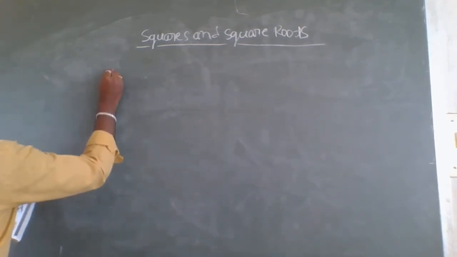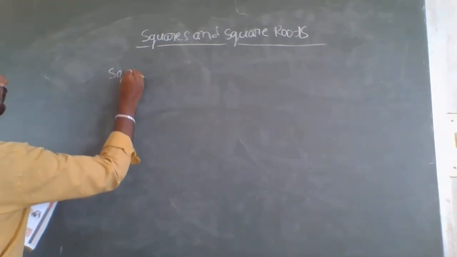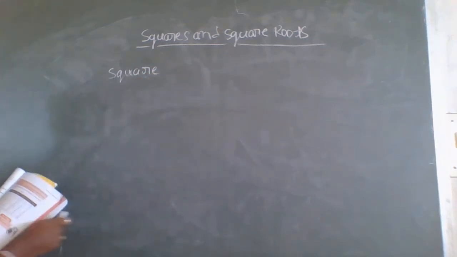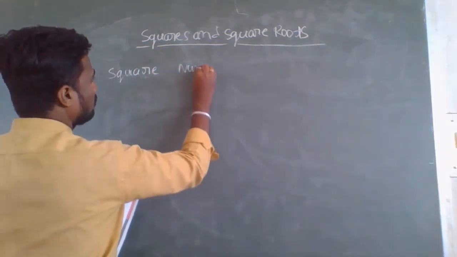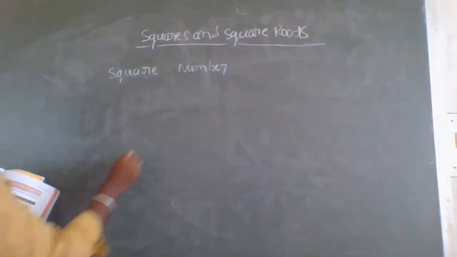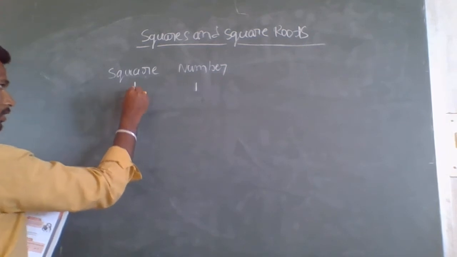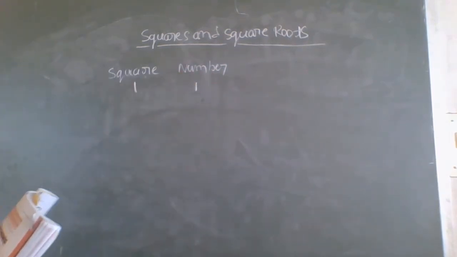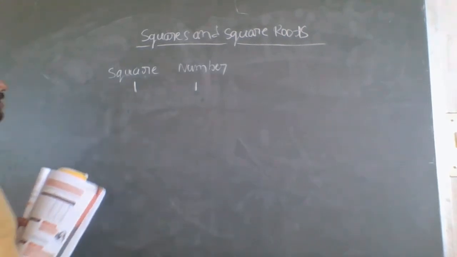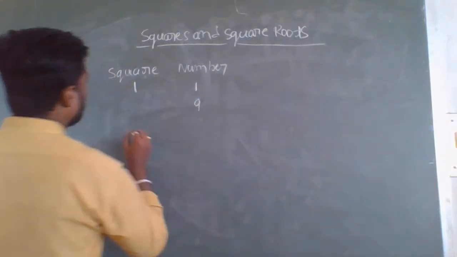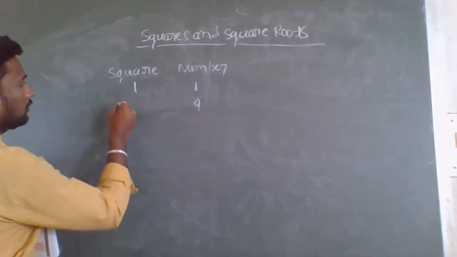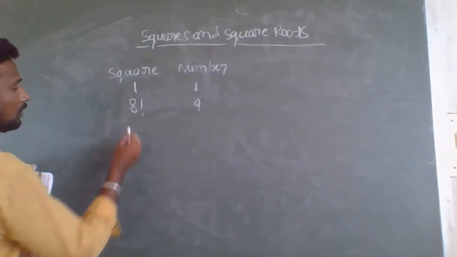So here are the number and the square number. The number 1, its square is 1 into 1, which is 1. When the number is 9, the square is 9 into 9, what will you get? 81.